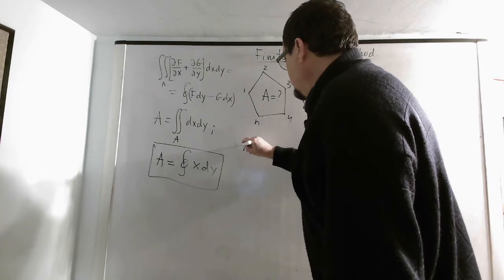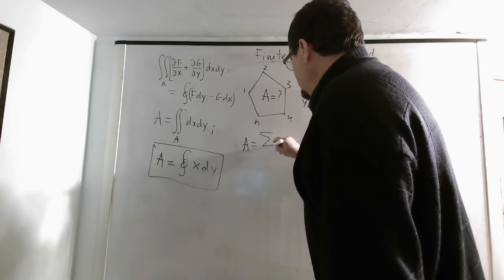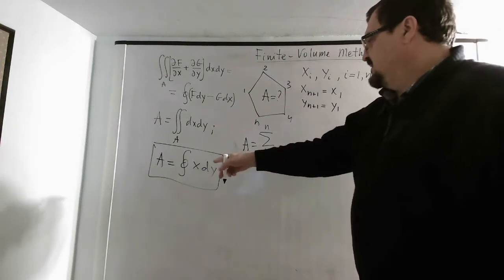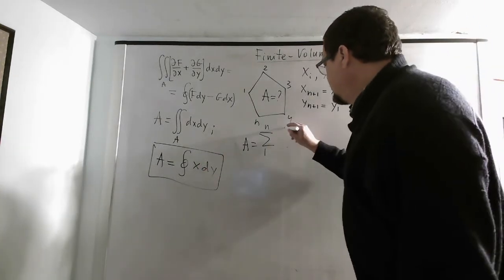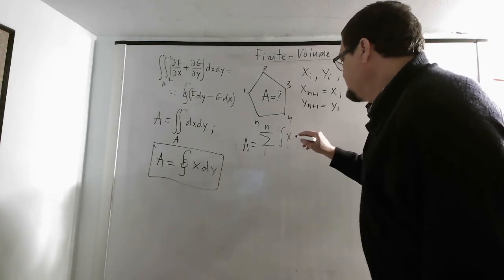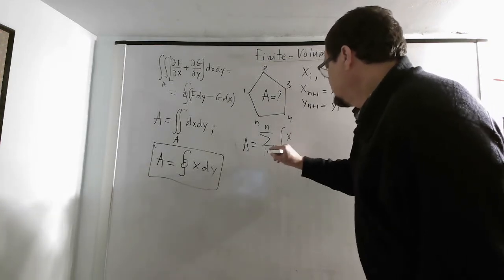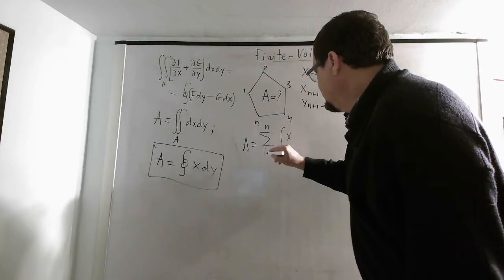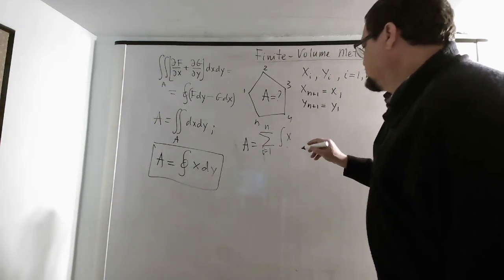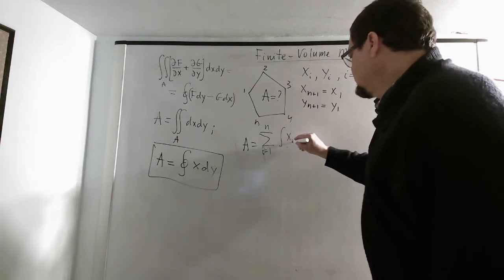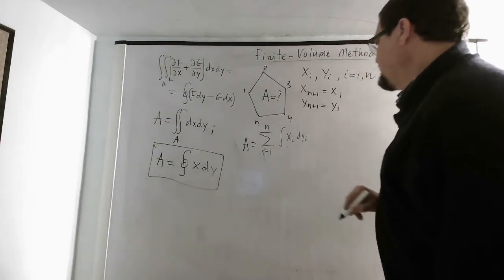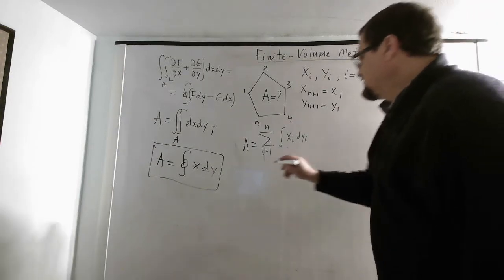So our area will be equal to the sum from 1 to n of these integrals of x dyi along each line. We will use a parametric representation.